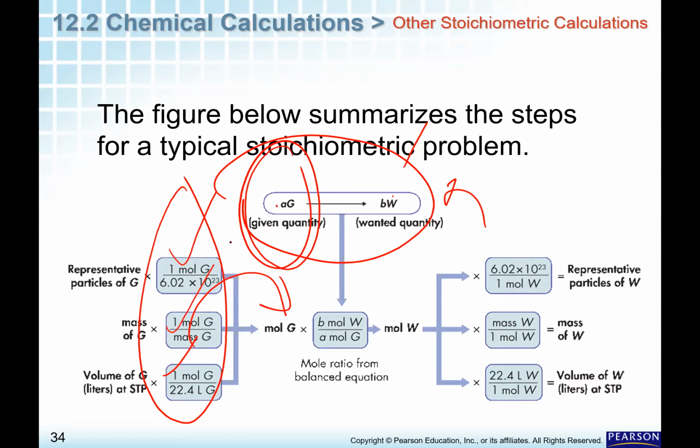So you need to change anything to moles of G, and then you go to the moles of W through the mole ratio, which is a conversion factor extracted from the balanced chemical equation. Once you get the moles of W, you follow what the question is asking.